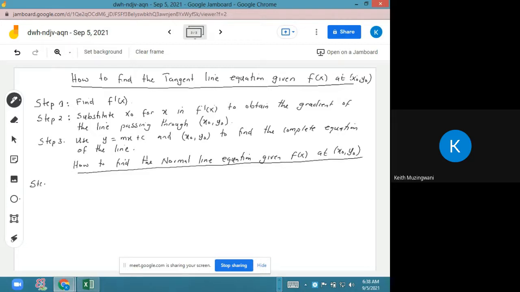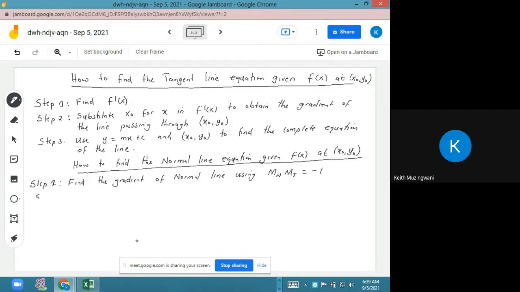Step 1, find the gradient of the normal line using m normal times m tangent is equal to -1.